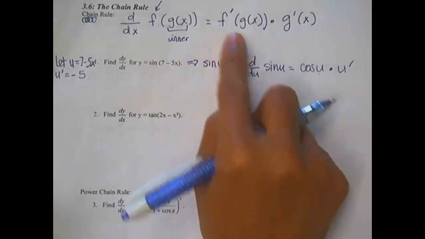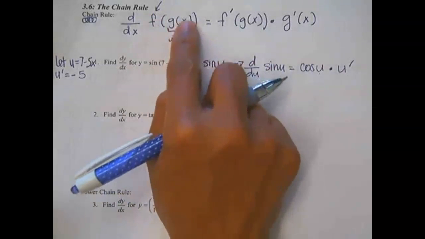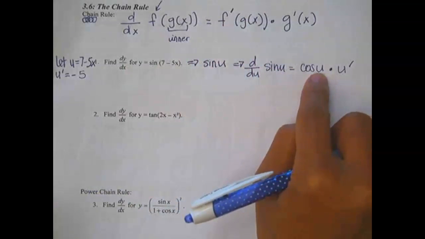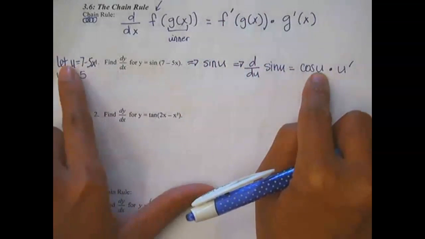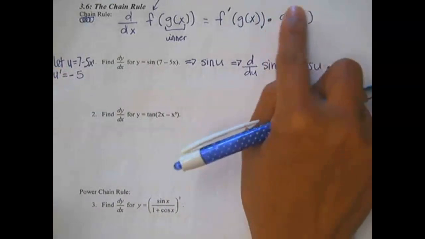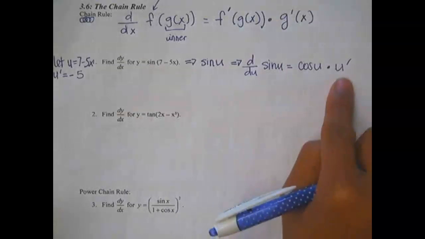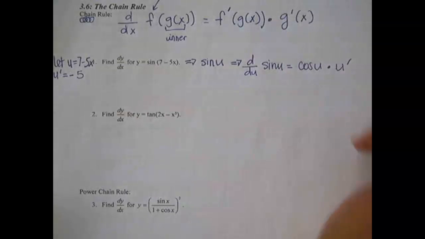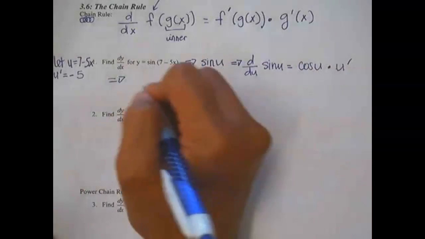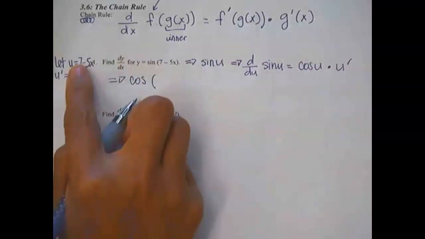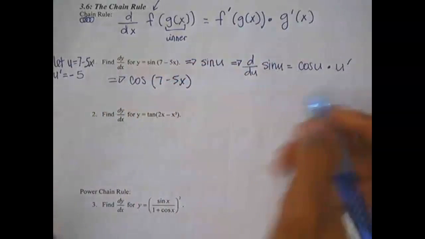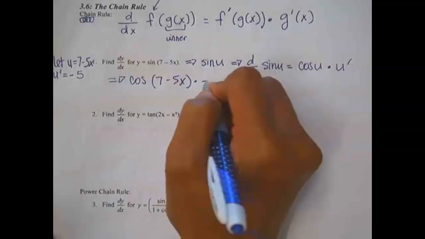So what we're doing is, hey, when I first take the derivative of the outer component with respect to u, which is the entire inner component, then we need to multiply this by the derivative of the inner component. So that's what that is. So from here, we are going to now replace u and u prime. So u is back to 7 minus 5x, times u prime, which is times negative 5.